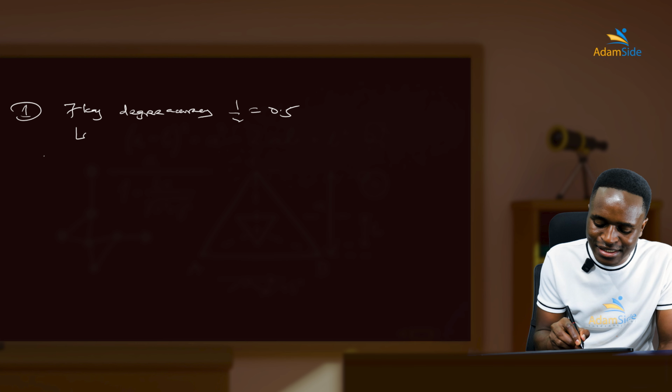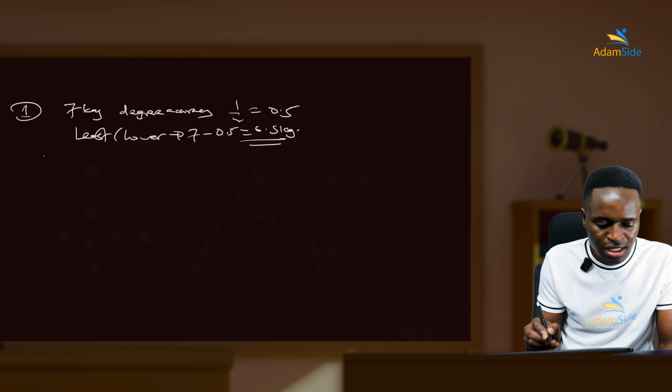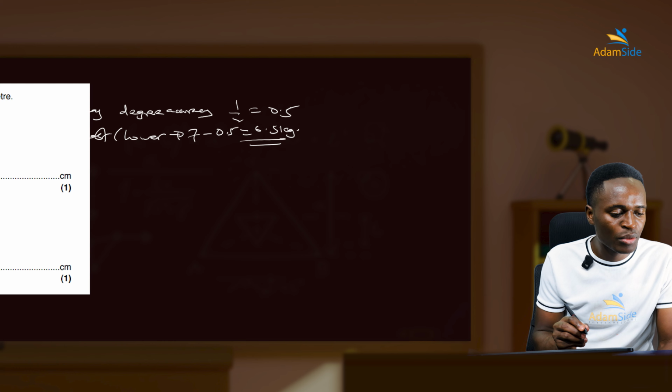Therefore, to get the least, the lower bound, it is 7 minus 0.5, which will be 6.5 kg.